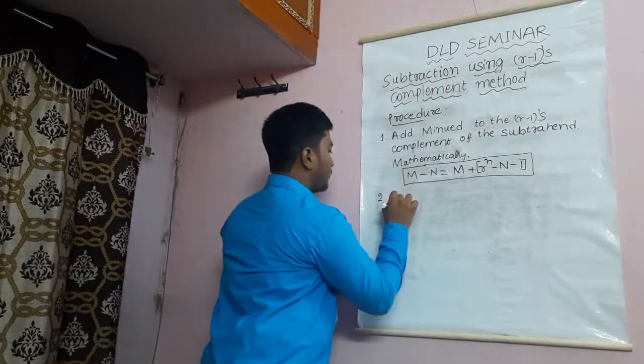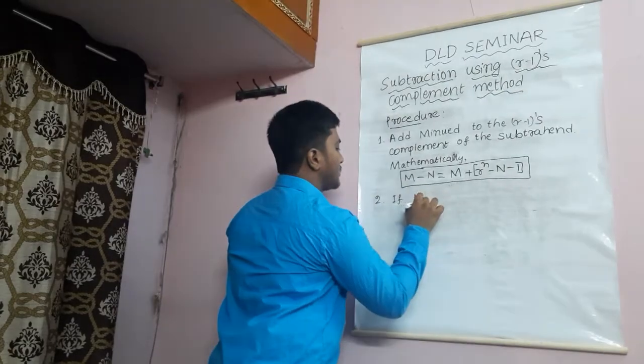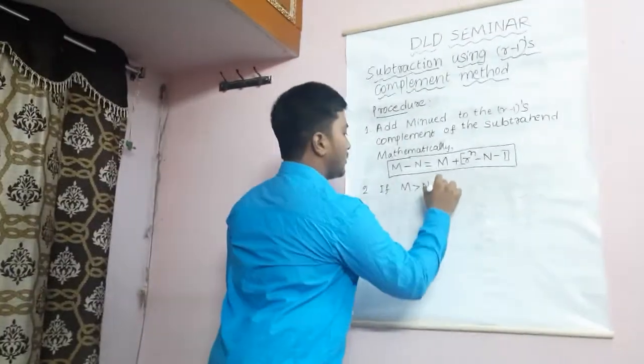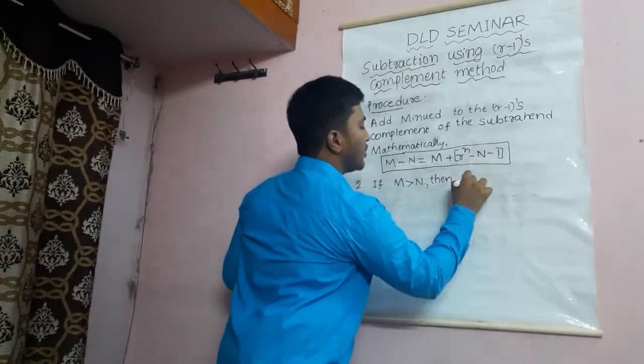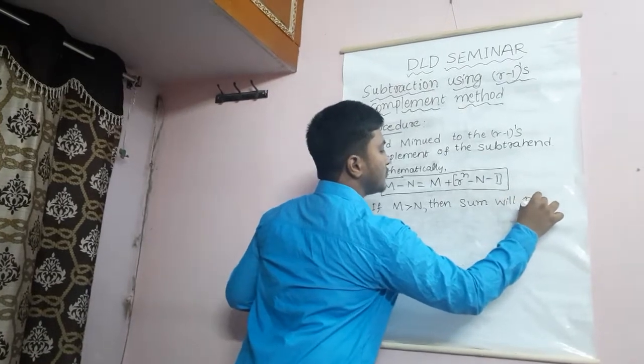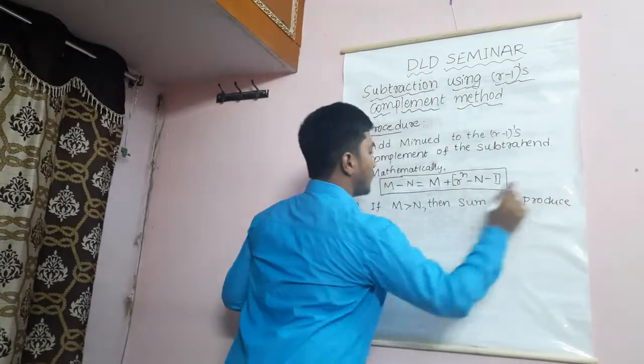Next, the second step: if capital M is greater than capital N, that is, if minuend is greater than subtrahend, then the sum will produce an end carry.